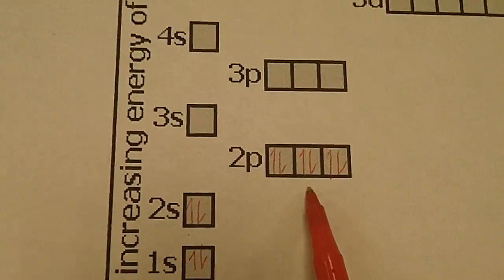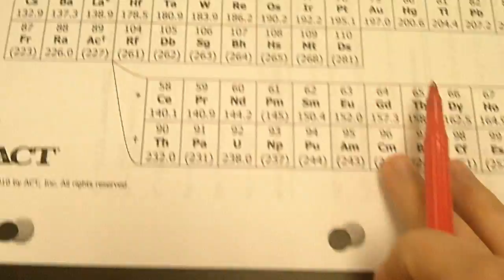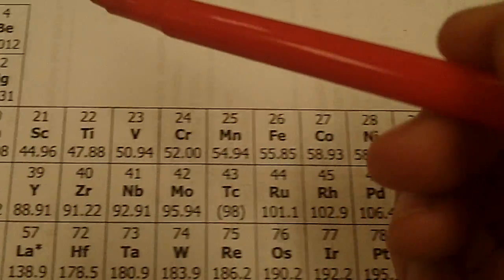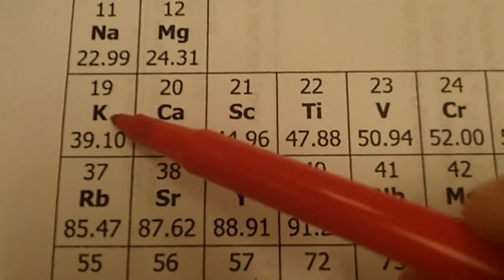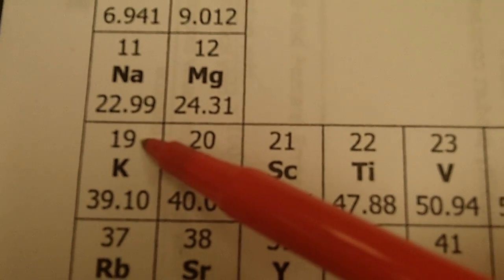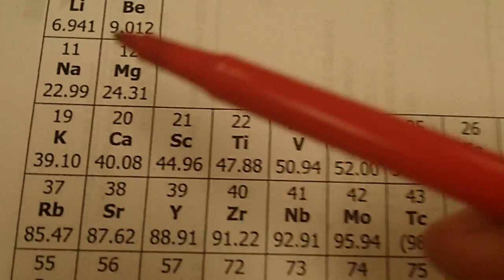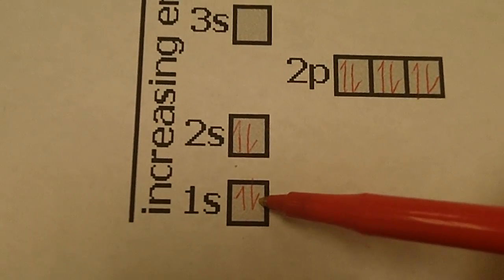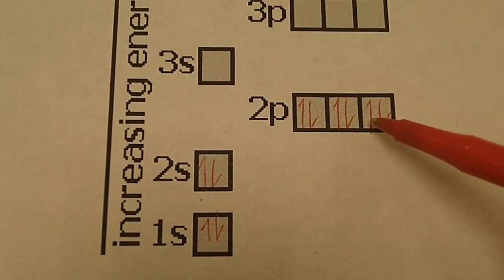So in the case of, let's choose an element up here. Not neon, but let's do potassium. Potassium has 19 as its atomic number. So you would fill in arrows totaling 19.